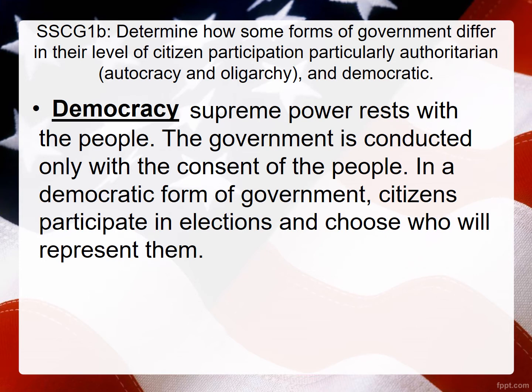In a democratic form of government, citizens participate in elections and choose who will represent them. So this is that part where we choose who will represent us and who will make the laws for us. But again, in a democracy, the government governs at the consent of the people. In other words, the people give permission for the government to govern.